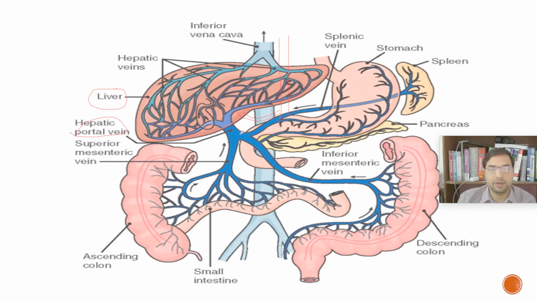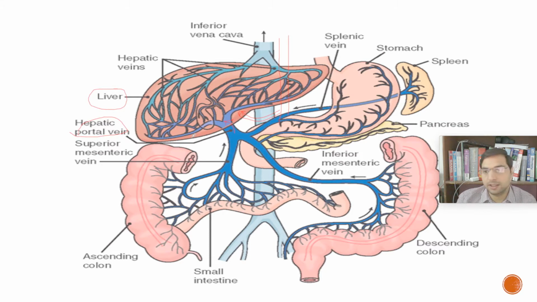So the hepatic artery and portal vein give blood to the liver, and this blood mixes in the sinusoids in the liver. In yesterday's lecture we talked about this. It leaves the sinusoids as hepatic veins, which join to form a common hepatic vein, and that drains blood into the inferior vena cava. So that is the normal dual supply of the liver.